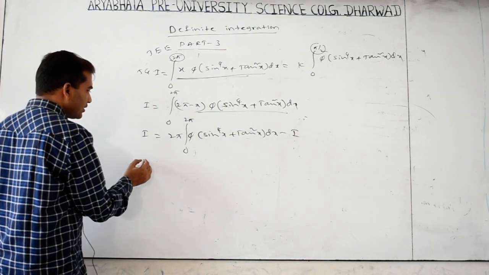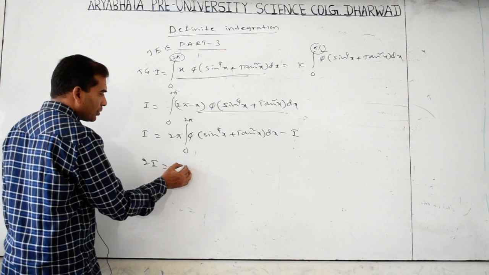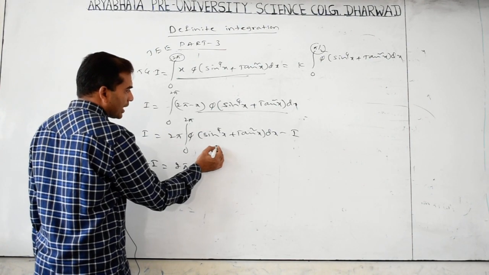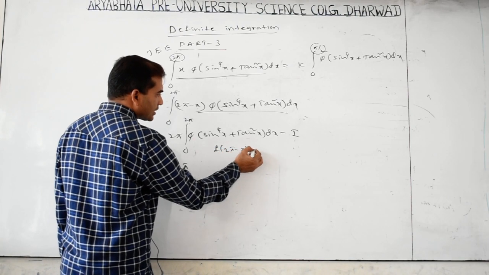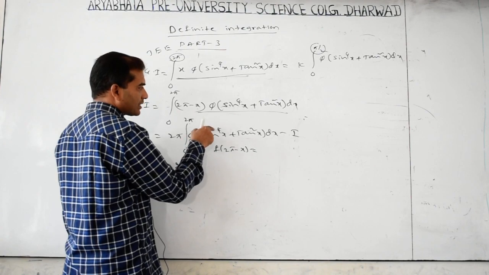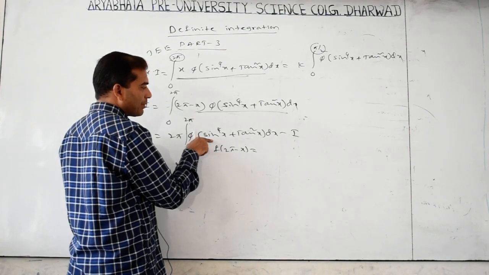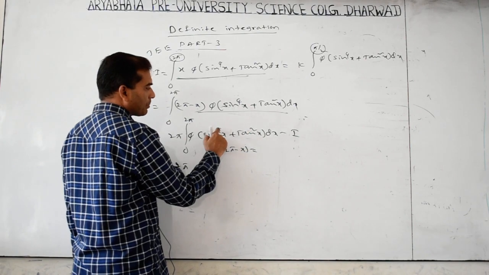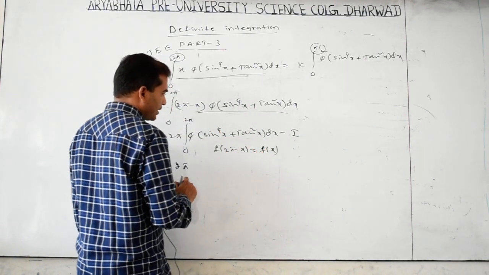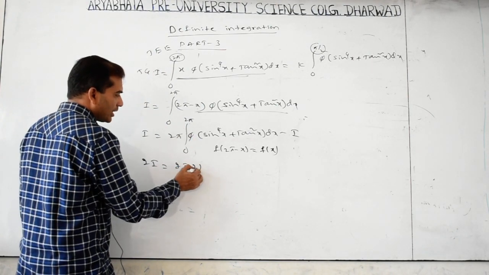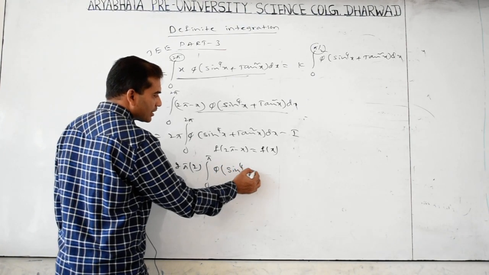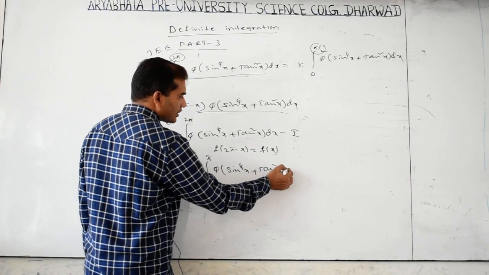Now I plus I is 2I equals 2 pi into the integral, and you see it is in the form 0 to 2a. Substitute 2 pi minus x: minus sin x whole power 4 is positive, the same, and tan square x is also the same because both powers are even. So f of 2 pi minus x equals f of x. Then 2 comes here: 2 into integral 0 to pi of sin power 4 x plus tan square x dx.